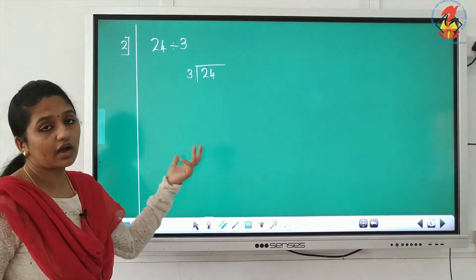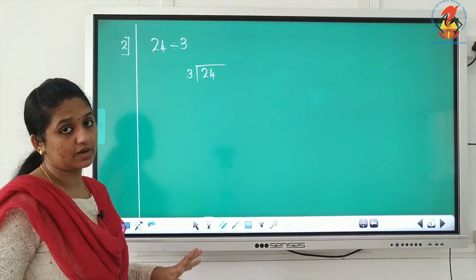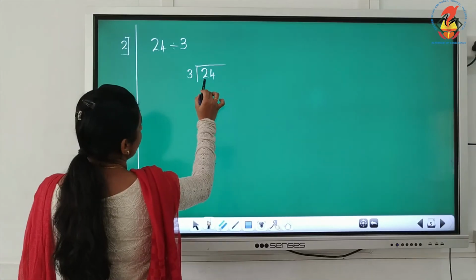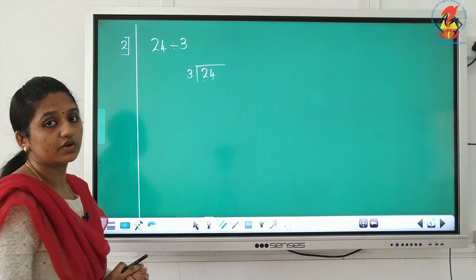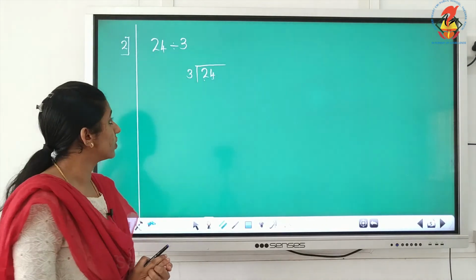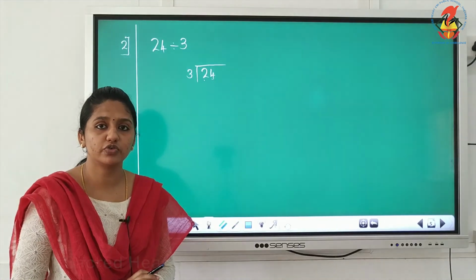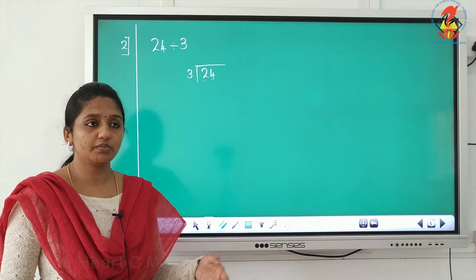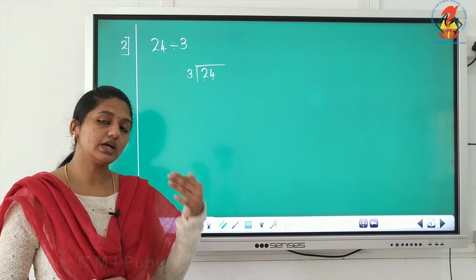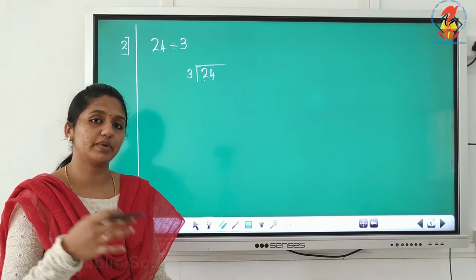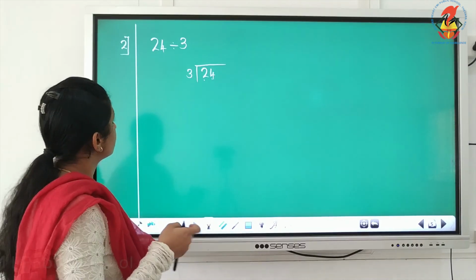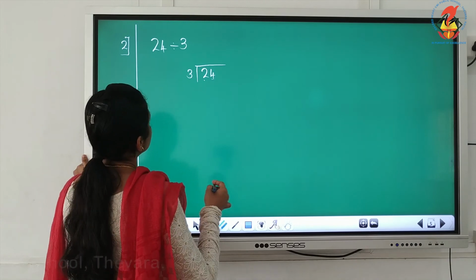So we can't divide with the first number. In this case we take both the numbers together. It's 24. In 3's table 24 is coming. If it is coming we can take it, or we can take the smaller number compared to 24.